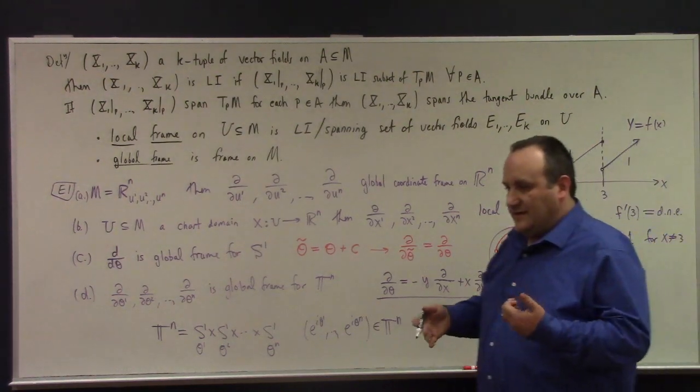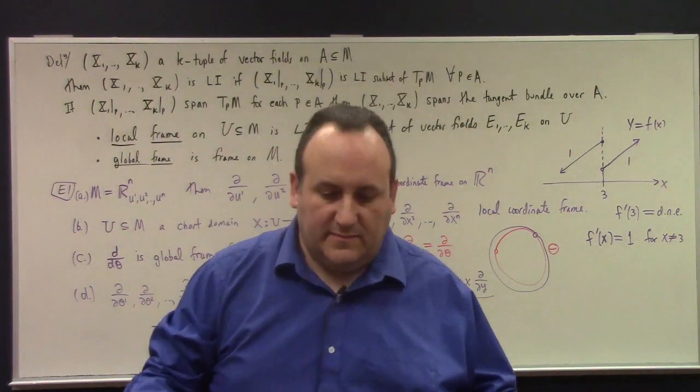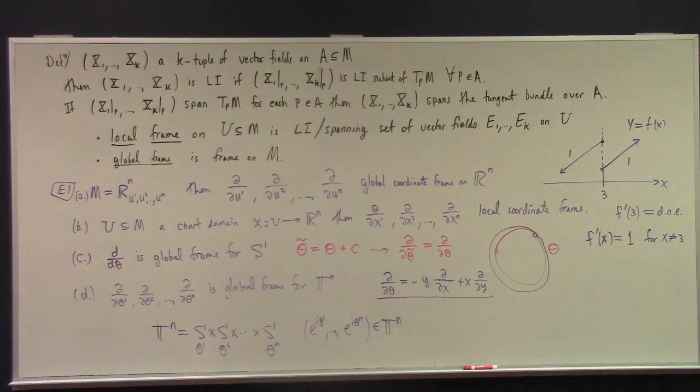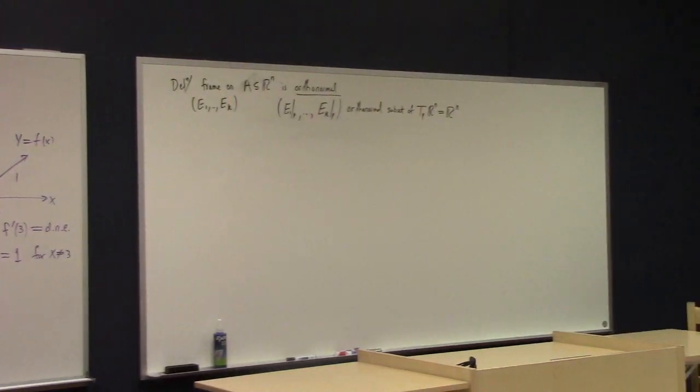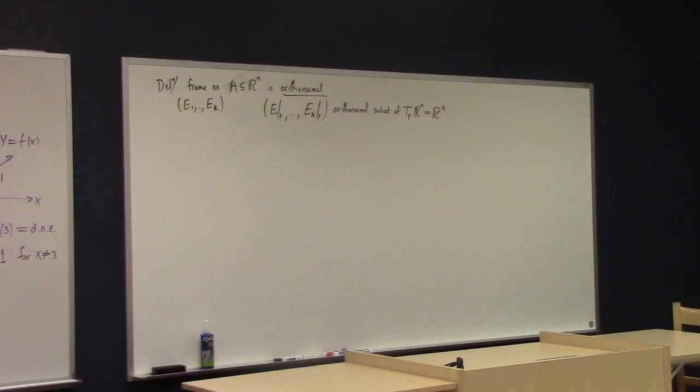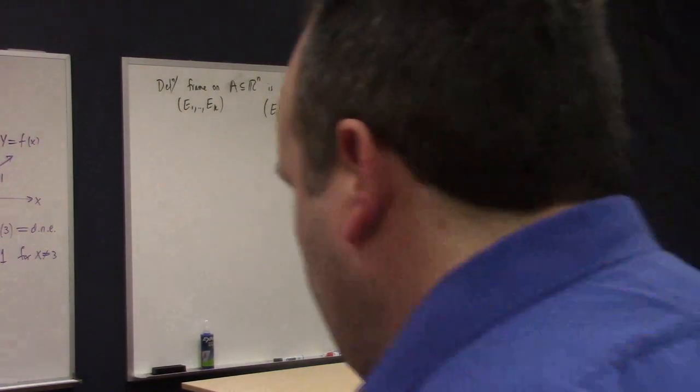And in that sense, you can take the dot product of vectors. How would you do it? You just strip off the components and think of them as plain old geometric vectors. That's an orthonormal frame.